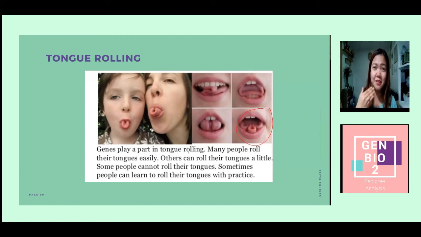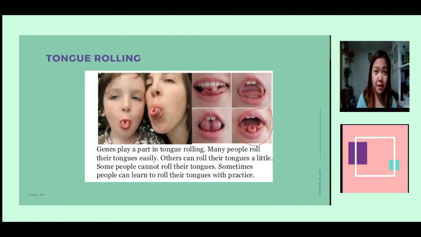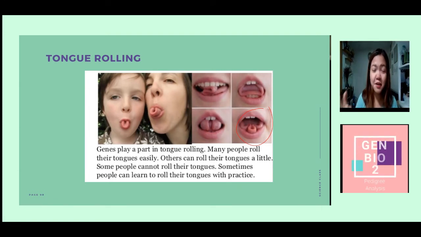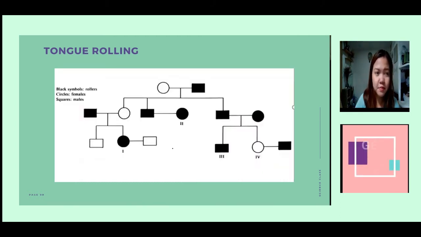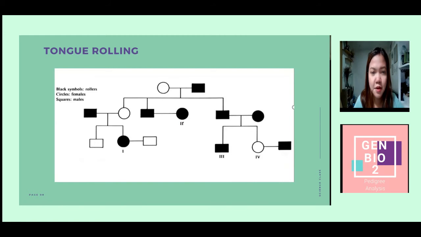So it has something to do with the genes, but of course, it can also be practiced. But let's say, for example, we go with the genes. The gene for tongue rolling. So this is an example of a tongue rolling pedigree.